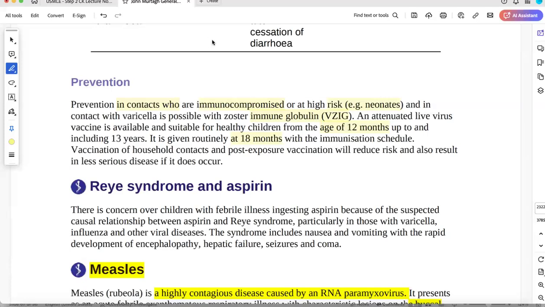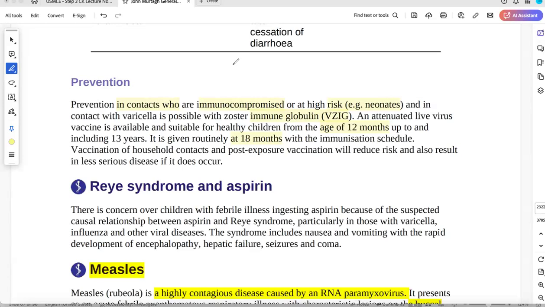Okay, let's repeat. So first of all, chickenpox is a viral infection. So in a normal patient, you would not do anything. You would just go for symptomatic treatment, right? Let me just draw, so that will be easy.